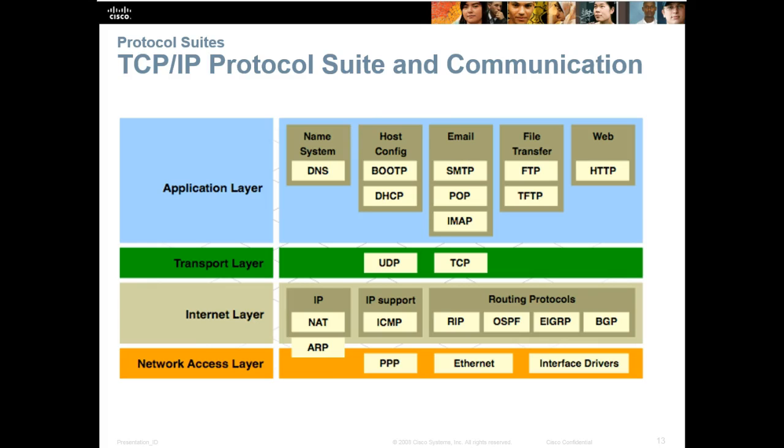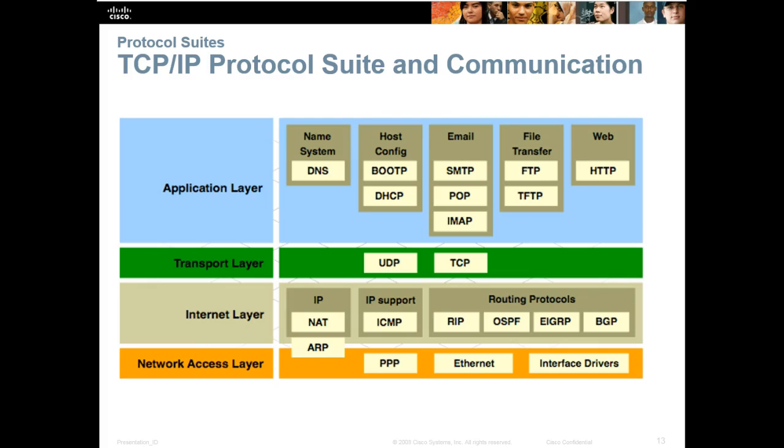Now, it's not just the layers, but there are several protocols at all different layers that work together. There isn't just one way to do this. People have been developing different ways to communicate for a long time. So at the lower layers, the network access, we have PPP and Ethernet. You'll learn what all of these are. ARP, and then in the next course, we'll be starting to study RIP and OSPF and EIGRP, maybe even some BGP by the time you get your certification.